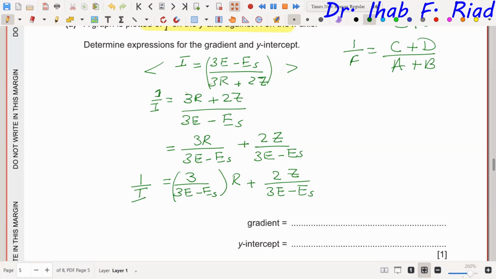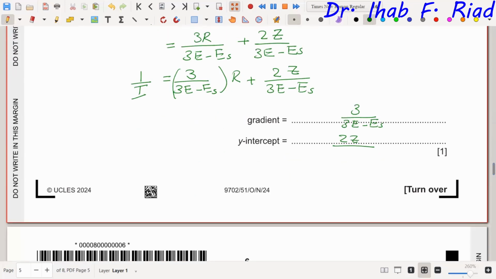Yes. So what is the gradient now? 3 over 3E minus 3S. And what is the intercept? 2Z over 3E minus 3S. Exactly. Let us proceed.